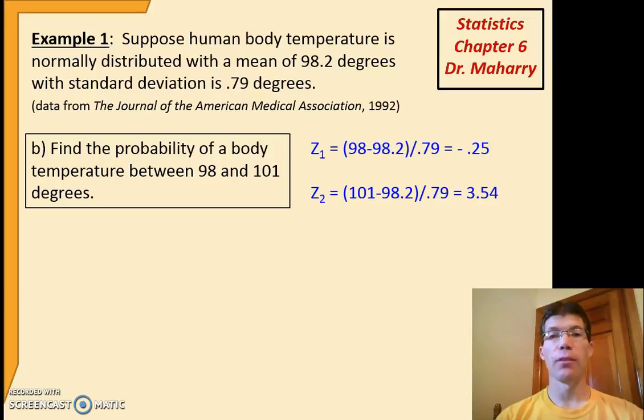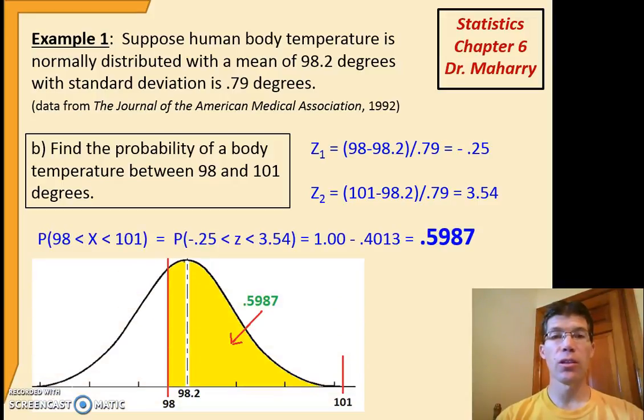So now to find the probability between two z-values, I look both of them up in the table and subtract them. So note here when you look up 3.54, that's off the table. And there's a little note at the bottom of the table that says if it's over 3.49, use 1.00, because practically all the data is less than 3.5 standard deviations below the mean, or above the mean in this case.